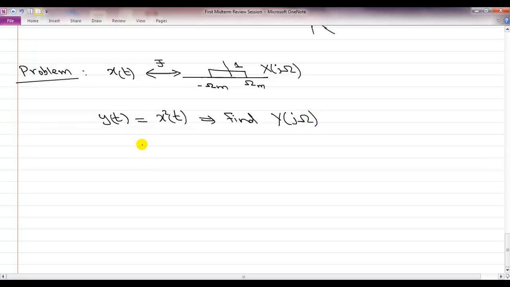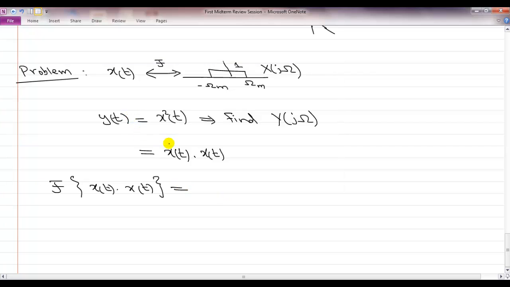Well, the answer to that basically depends upon the properties of the Fourier transform. So to find that, I just write x squared of t as x of t multiplied by x of t. Now, remember the property: if you multiply in the time domain, the Fourier transform of x of t multiplied with x of t, what is that equal to?